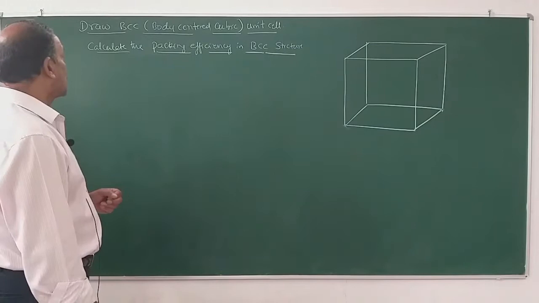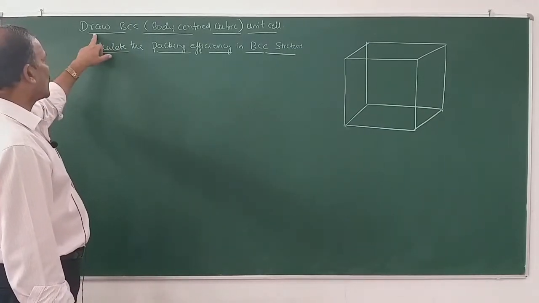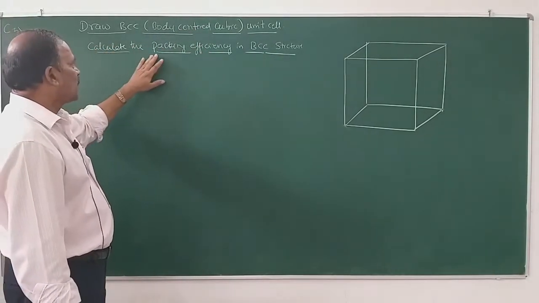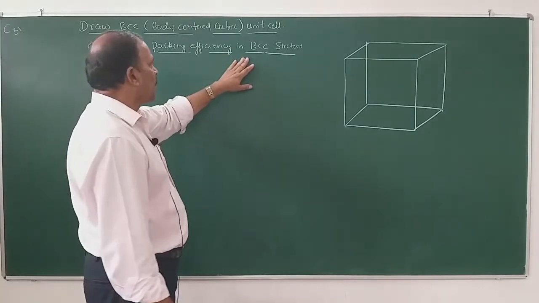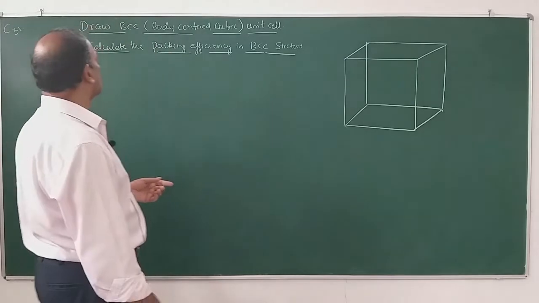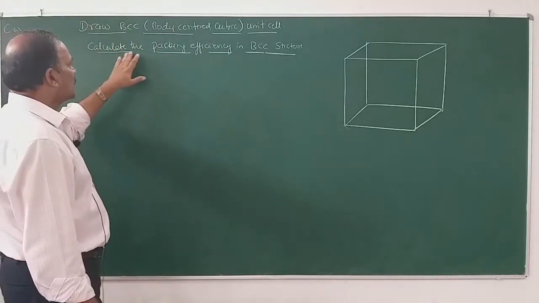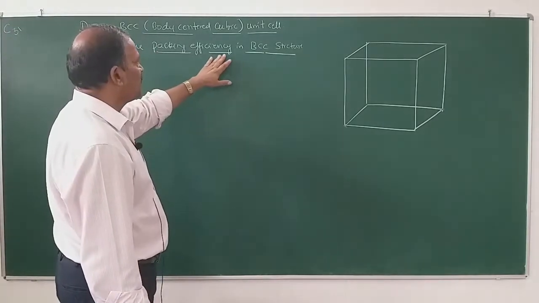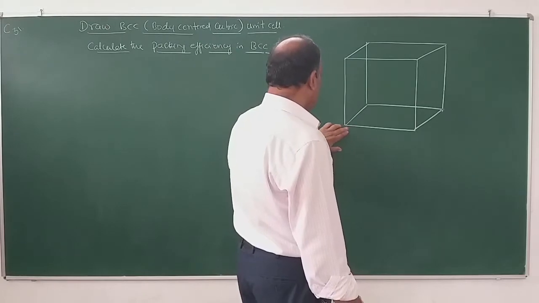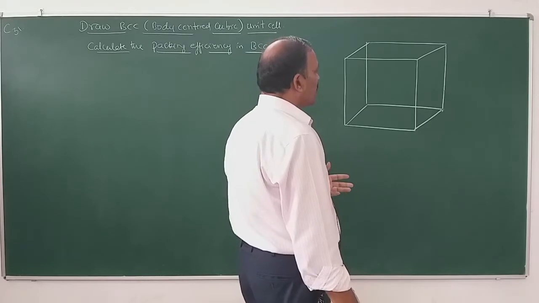Now let us consider the body centered cubic unit cell. Draw the BCC unit cell. Calculate the packing efficiency in the BCC structure. In the BCC unit cell, where are the particles present?